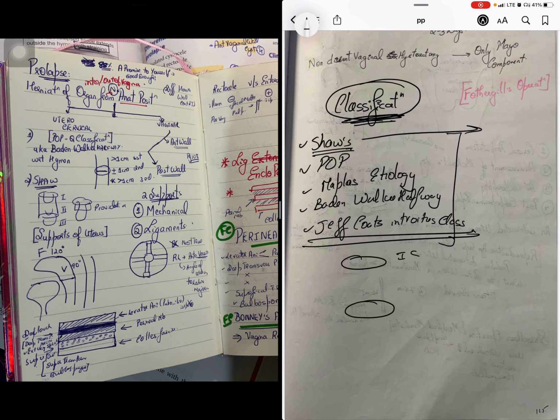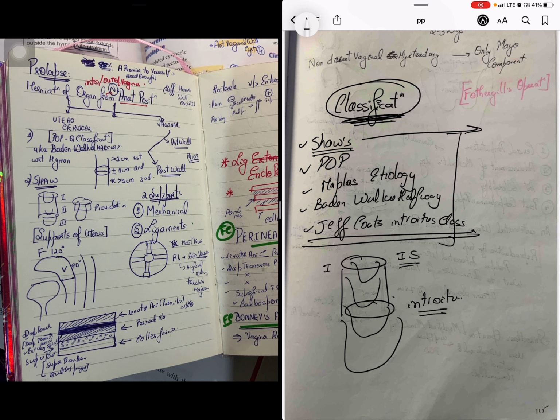Let's go. This is the ischial spine. This is the introitus. First degree, it is below the ischial spine but above the introitus. Second degree, up till the introitus, but not beyond the introitus, and below the ischial spine. Third degree, out of the introitus.